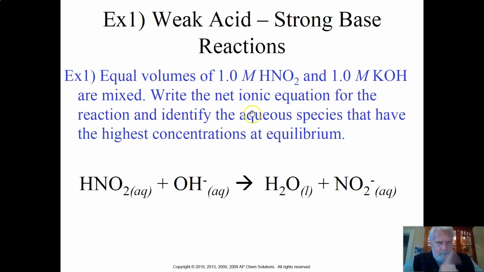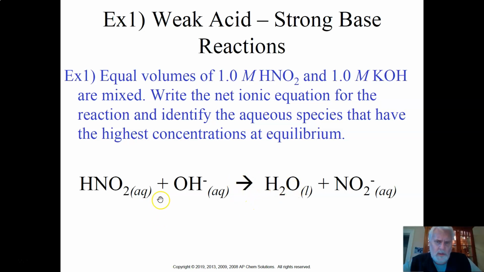So now here's a really good question. Identify the aqueous species that have the highest concentrations at equilibrium. All right. So when this system achieves equilibrium, which it will, actually, right now, add the double arrow in your notes on there, because this is an equilibrium system.